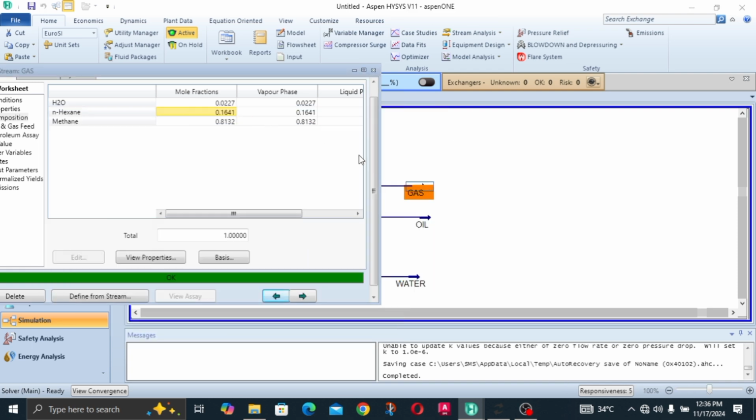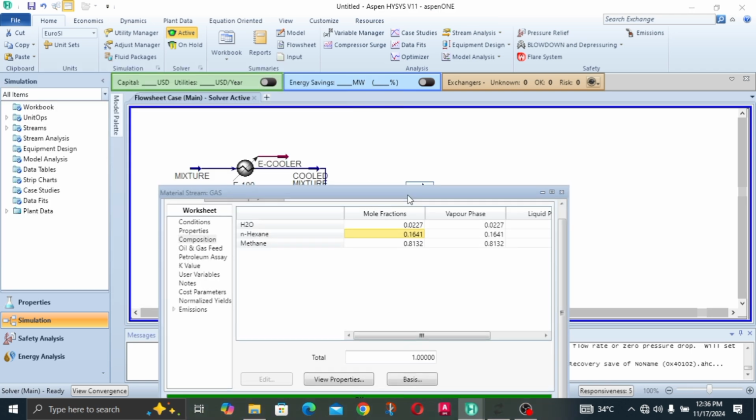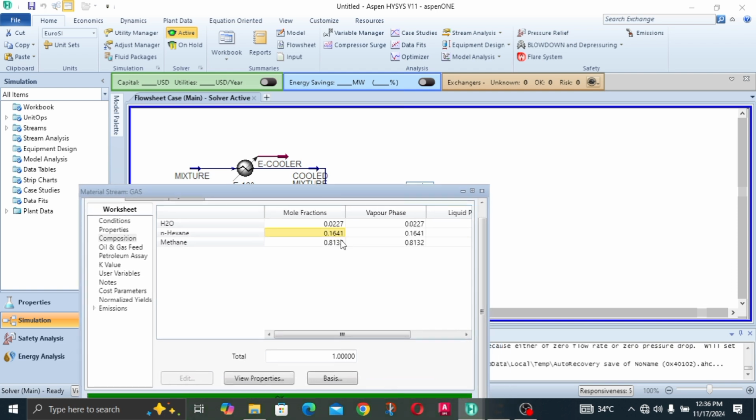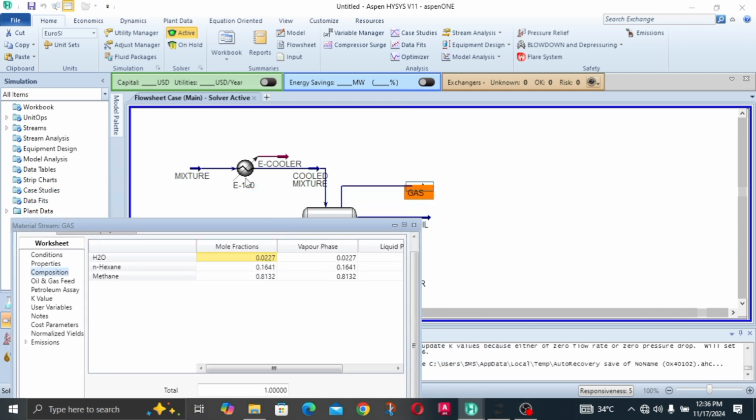So let's see, for the gas, okay, I think we're inside the gas. Yes, we are inside the gas. We still have about 2% of H2O.